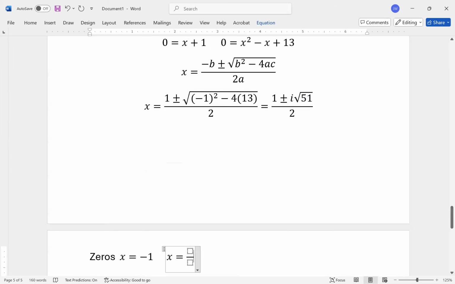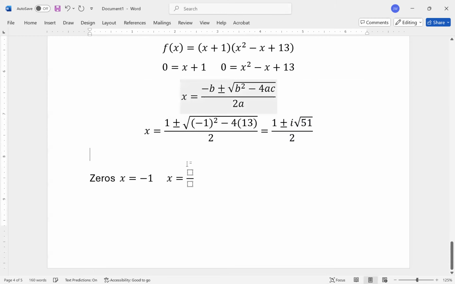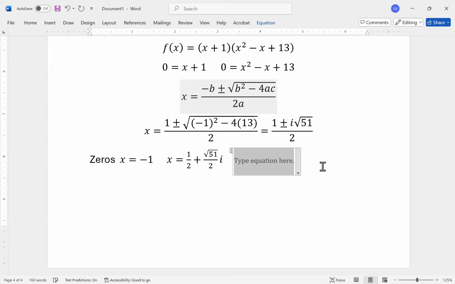The first is, let me rewrite this. If I think about it, I'll write it this way: 1/2 plus the square root of 51 divided by 2 times i. And the other is going to be the complex conjugate of that, which is 1/2 minus the square root of 51 divided by 2 times i.